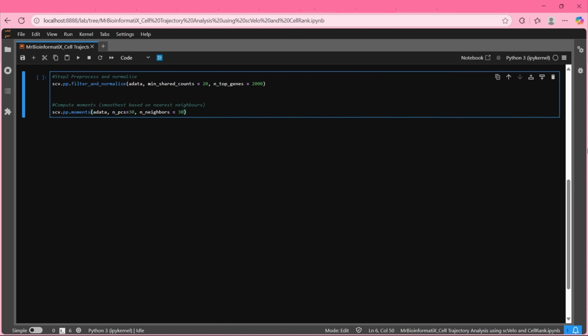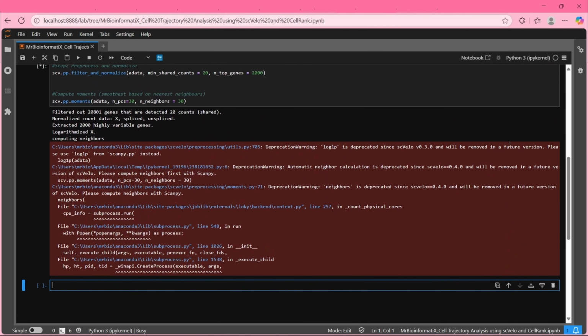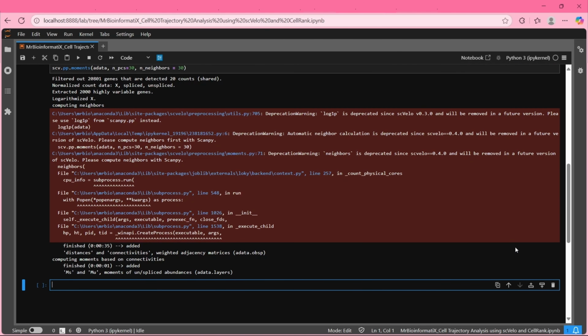Let's run our code. And here we have it. As you can see, we filtered out 20,801 genes that are detected in fewer than 20 counts. So that means out of 27,998 total genes, about 20,801 were low quality or rarely expressed.